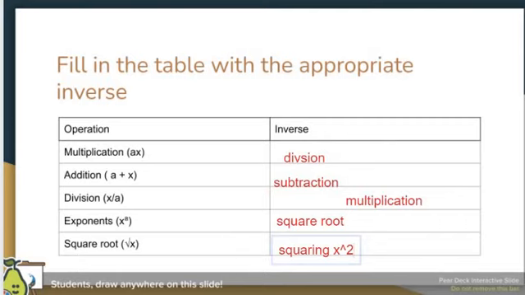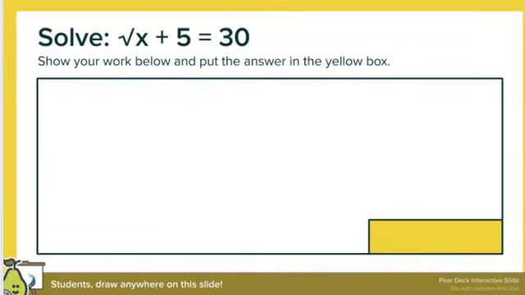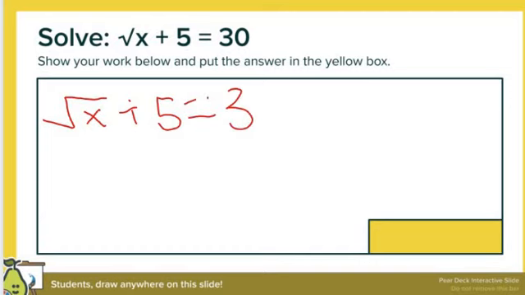Let's do a couple of problems. In this problem, we're taking the square root of x and adding 5 to it, right? So the square root of x plus 5 equals 30.